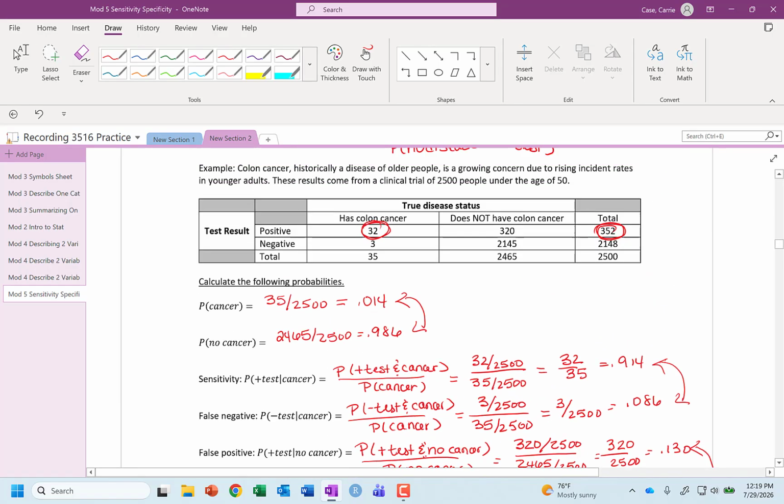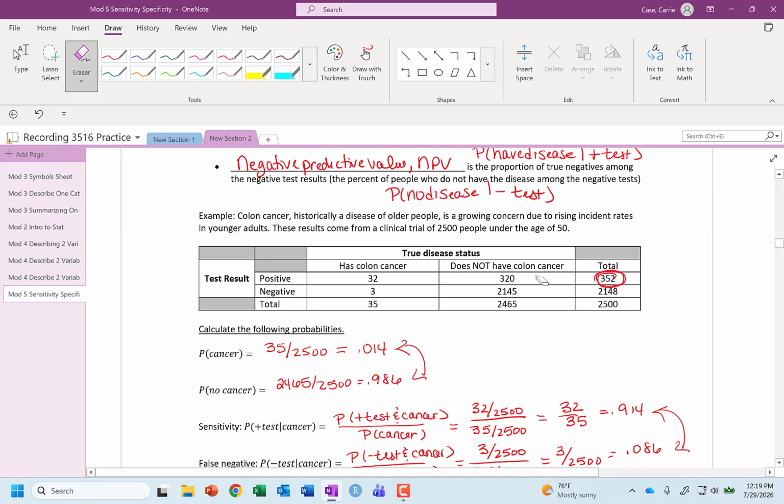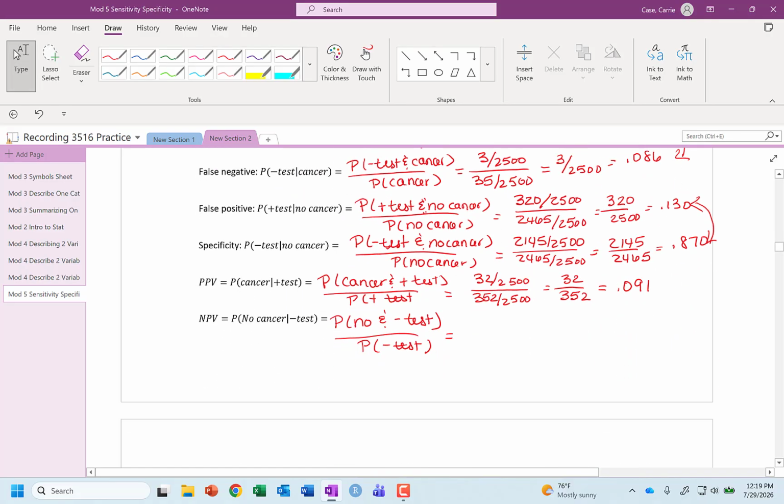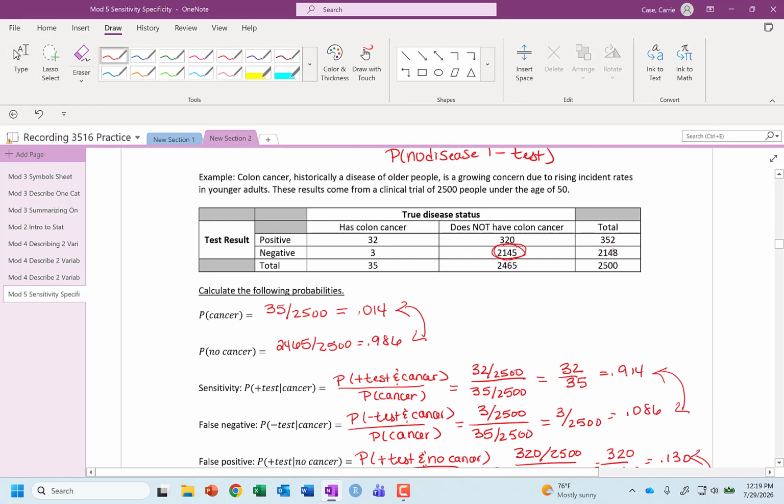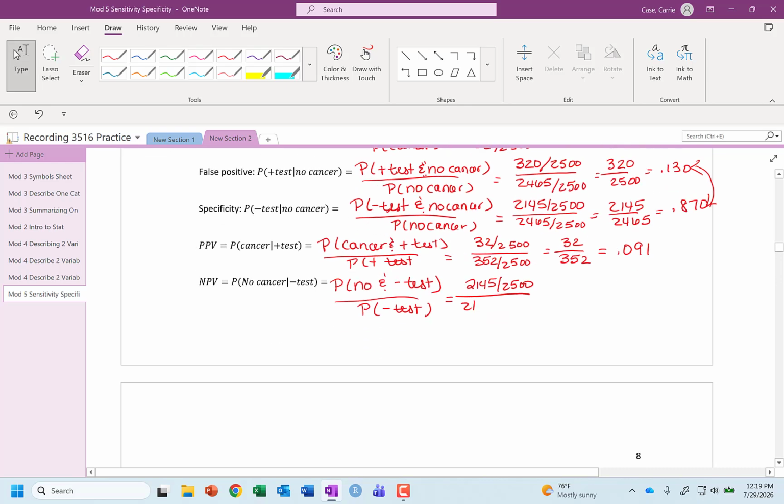So no cancer and negative test, I'm going to look at the contingency table. No cancer and negative test is 2,145 over 2,500, divided by negative test, which is, nope, let me look. Negative test, yep, it's 2,148. 2,148 over 2,500.